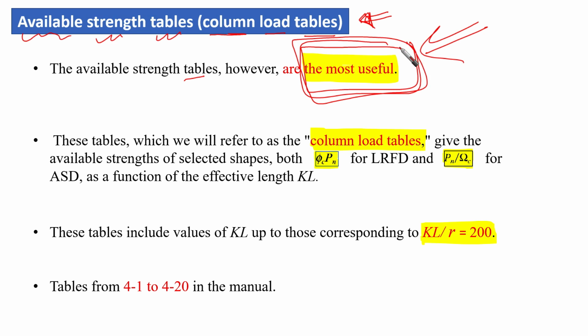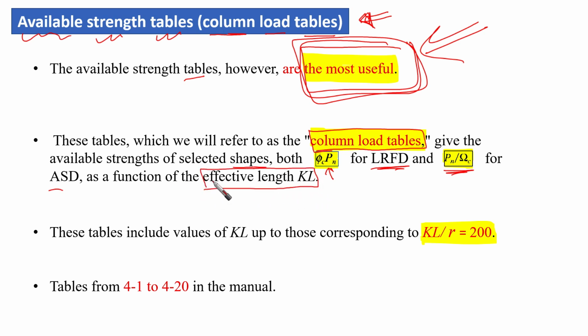These tables, which we'll refer to as column load tables, provide the available strengths of selected shapes, which is phi c Pn, the nominal strength times the strength reduction factor, for LRFD, or the allowable strength Pn over omega c for ASD, as a function of the effective length.